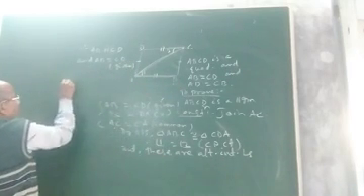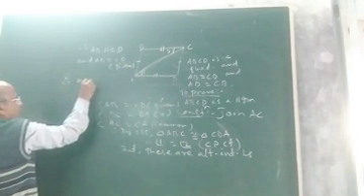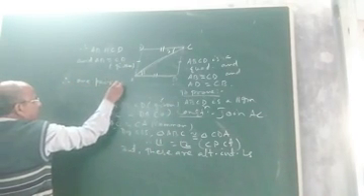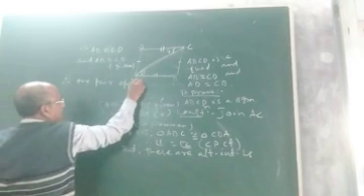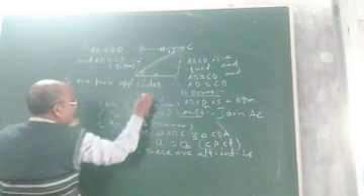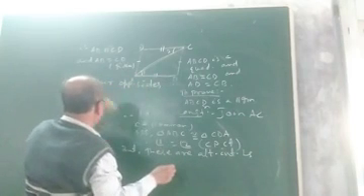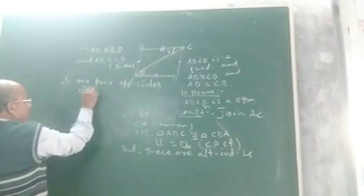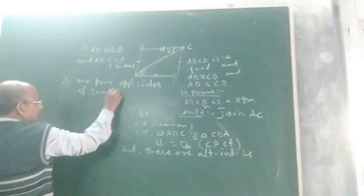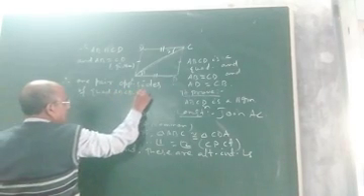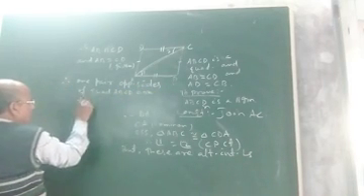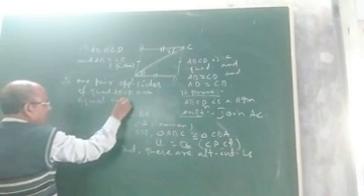Therefore one pair of opposite sides of quadrilateral ABCD are equal and parallel.